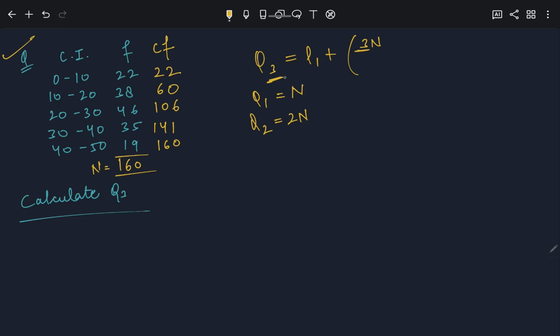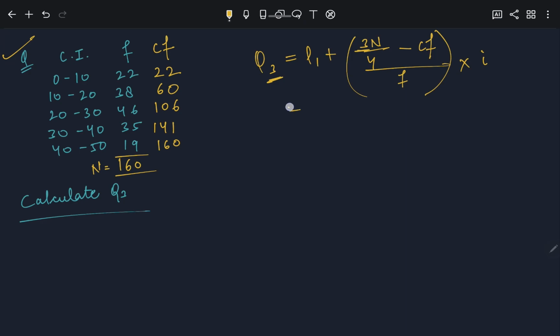Now we are calculating Q3, so we will write 3n. Got it? So now let's write the formula: 3n by 4 minus cumulative frequency upon frequency, into i, which is the size of the interval.